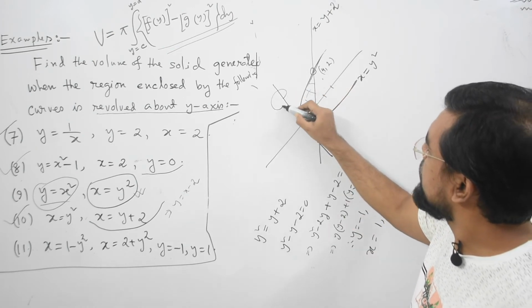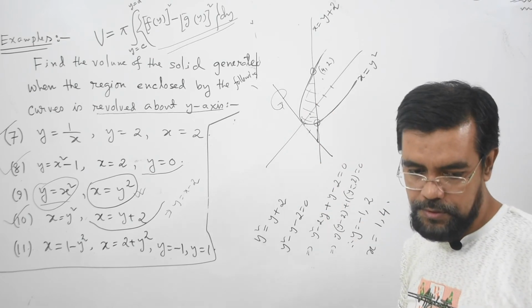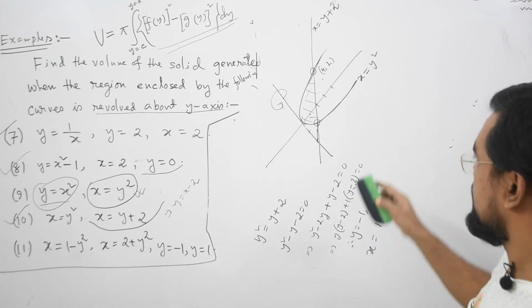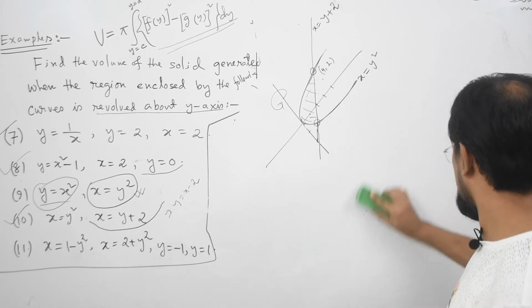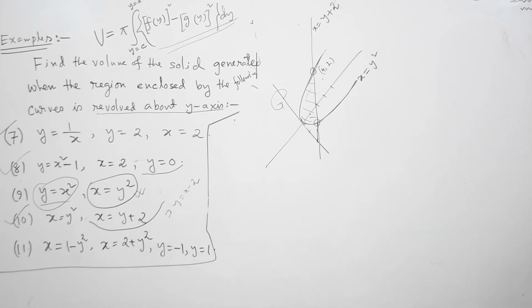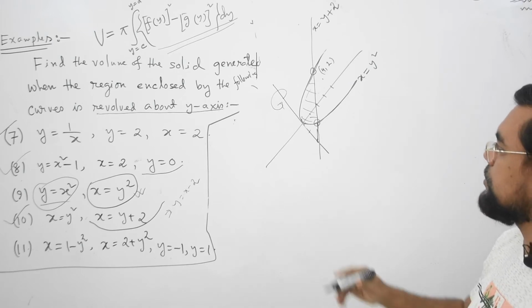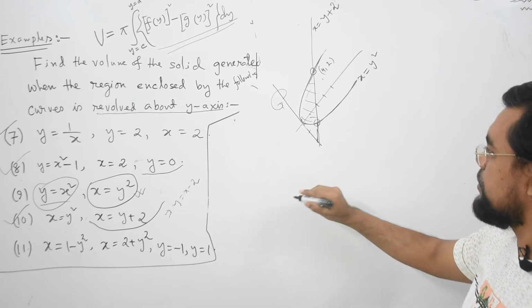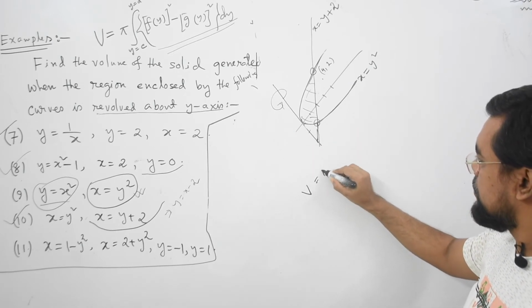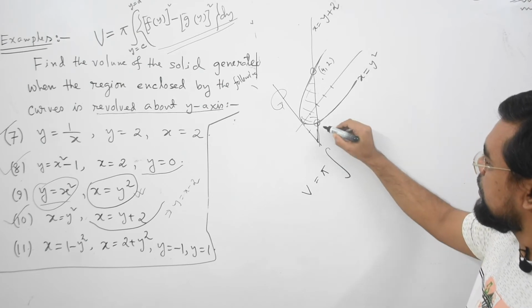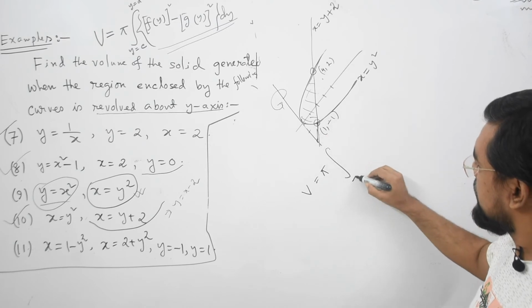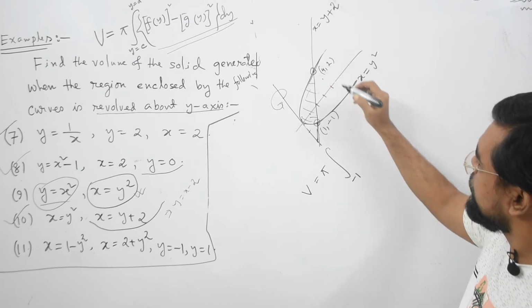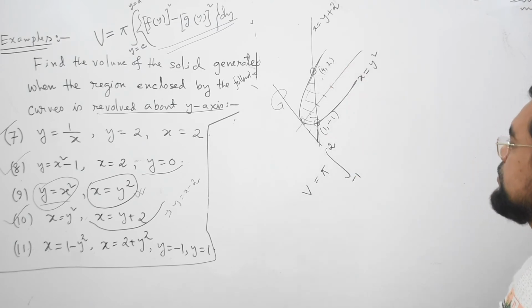Now if you revolve this region about the y-axis, you will get a solid with an empty interior. So our formula will be the washers method formula, integrating with respect to y. So this is our formula, and y at this point is minus 1, y at this point is 2, so minus 1 to 2.